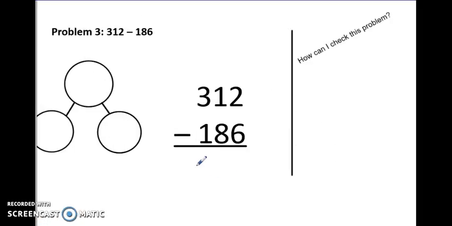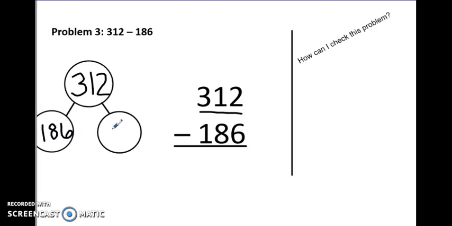Let's do one more problem together. Here I have 312 minus 186. Again, let's fill out our number bond. So remember, 312 is my whole, because when we subtract, the whole always goes on top. And 186 is one of my parts.